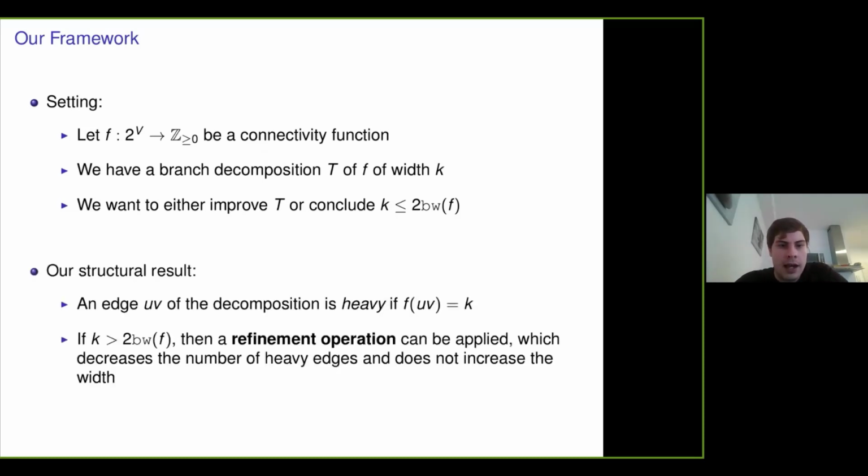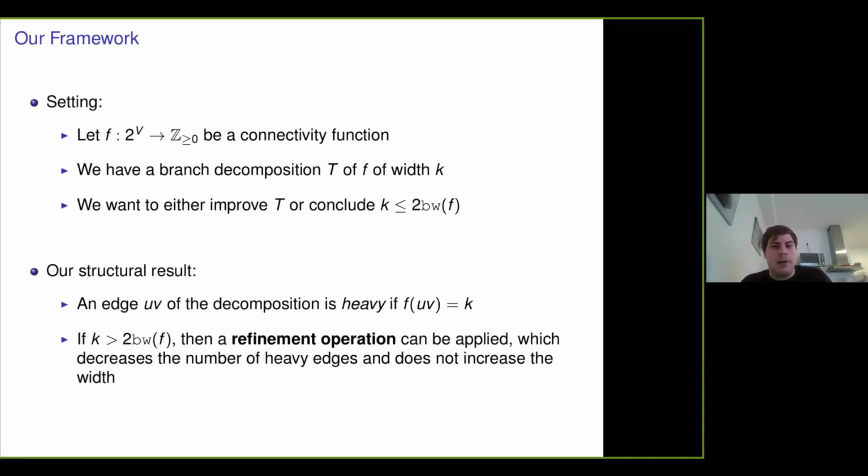And our structural result is that, let's say an edge UV in this branch decomposition is a heavy edge if it attains the branch width of this decomposition.